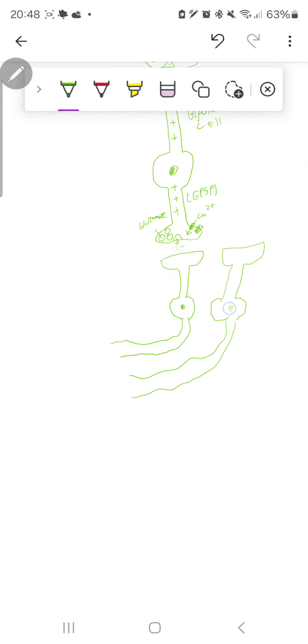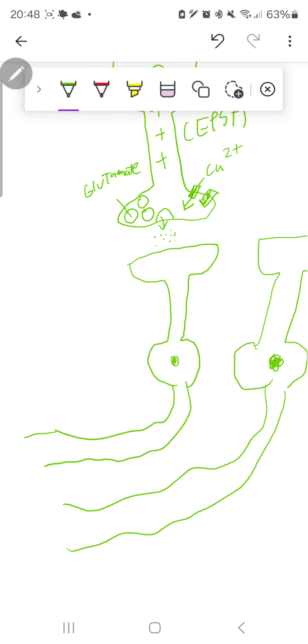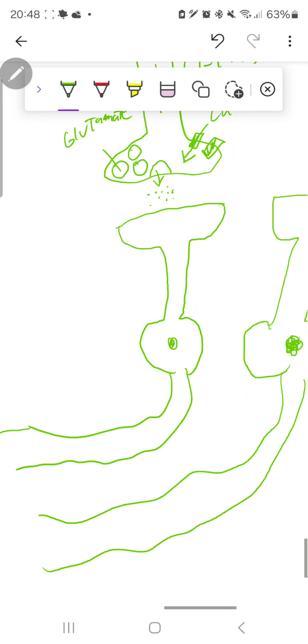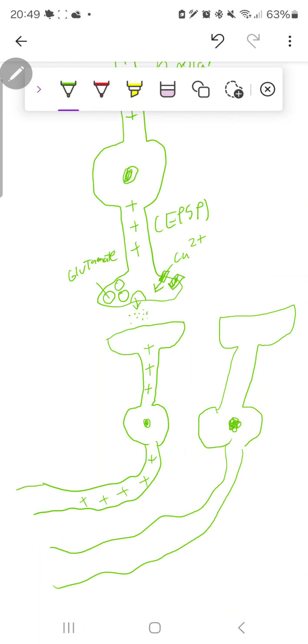So whenever glutamate is released in this synaptic cleft, this ganglion cell will become stimulated, in the sense that it will become depolarized, and it will trigger an action potential, unlike the two other cells mentioned before. They will only generate EPSP.